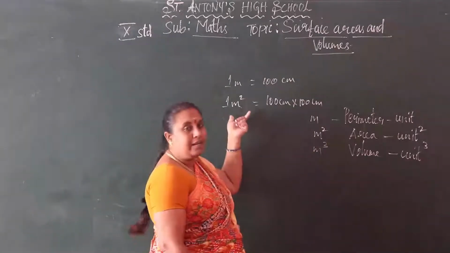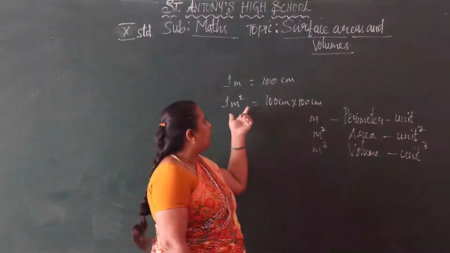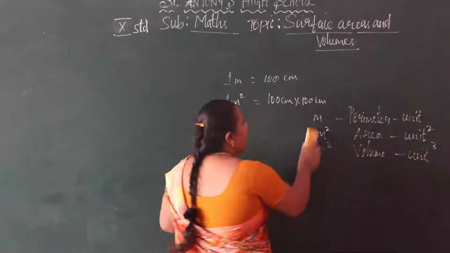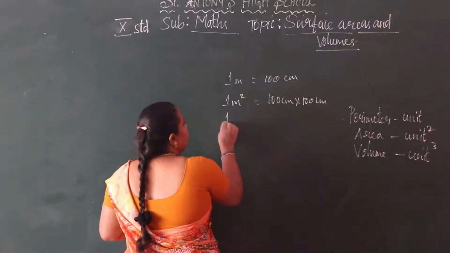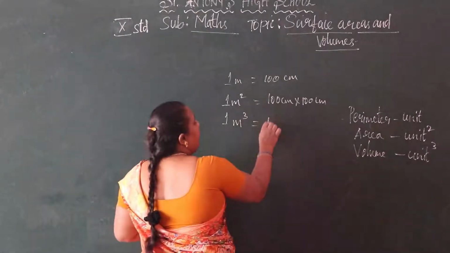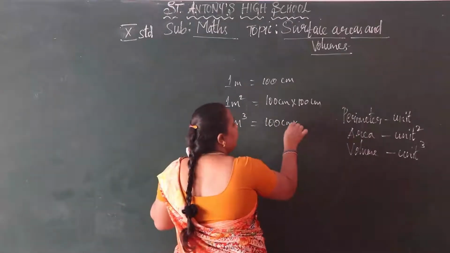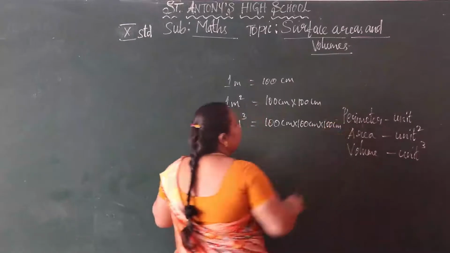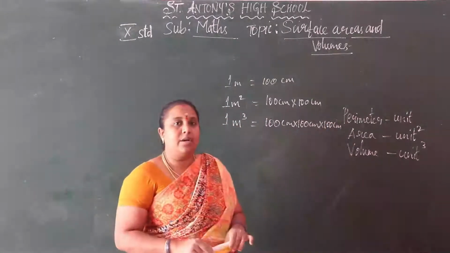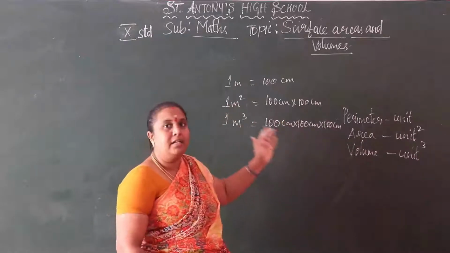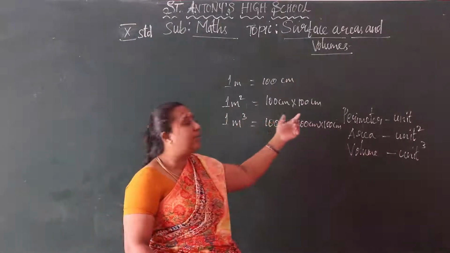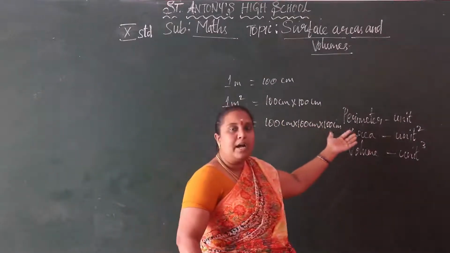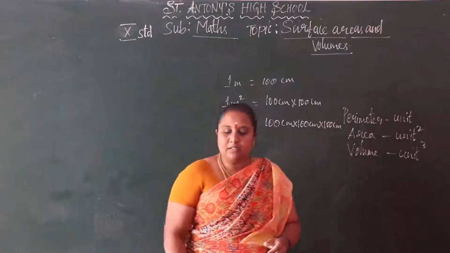In the same way, 1 meter cube equals 100 centimeter into 100 centimeter into 100 centimeter. So 1 meter equals 100 centimeter, 1 meter square equals 100 centimeter into 100 centimeter, and 1 meter cube equals 100 centimeter into 100 centimeter into 100 centimeter. We have to convert like this.